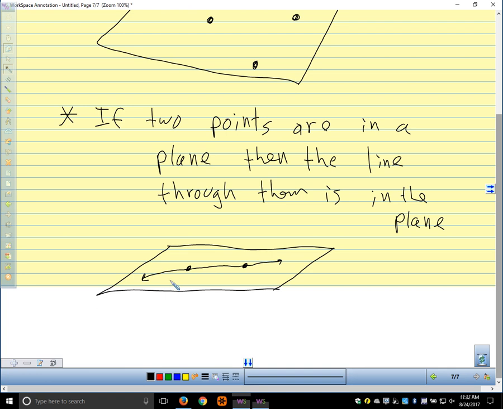How about this horizontal folder? Doesn't that go through point A and B also? How about this diagonal folder? Or this other diagonal folder? So two points doesn't give us enough information to know we're only talking about one plane.